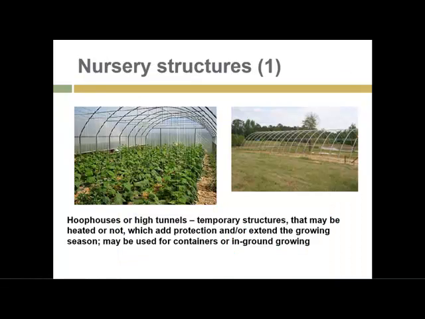So with respect to nursery structures, there are several varieties. Hoop houses or high tunnels are frequently used for extending the growing season, or if they're heated, they can provide a year-round growing environment.